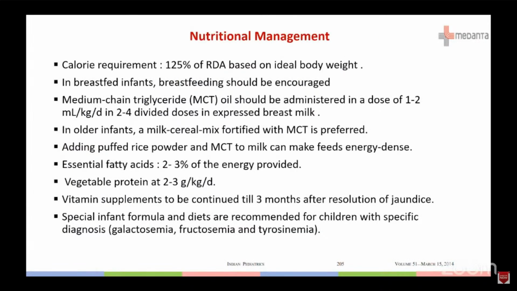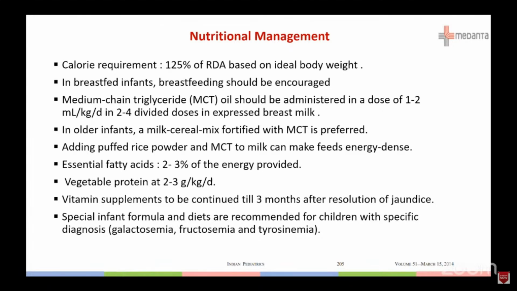Nutritional management is one of the important components in the management of neonatal cholestasis. These children require a high calorie intake, 125% of the recommended daily allowance based on ideal body weight. In breastfed infants, breastfeeding should be continued.